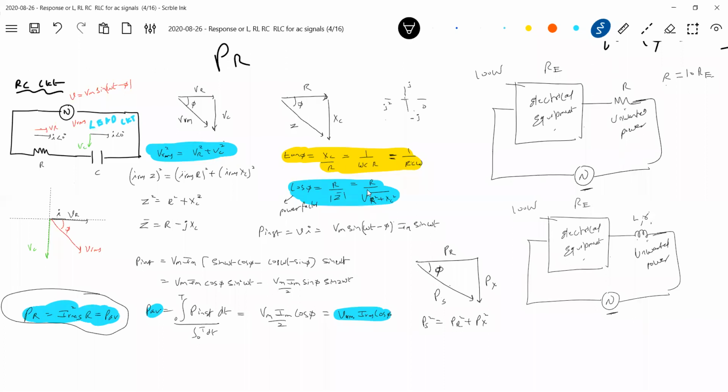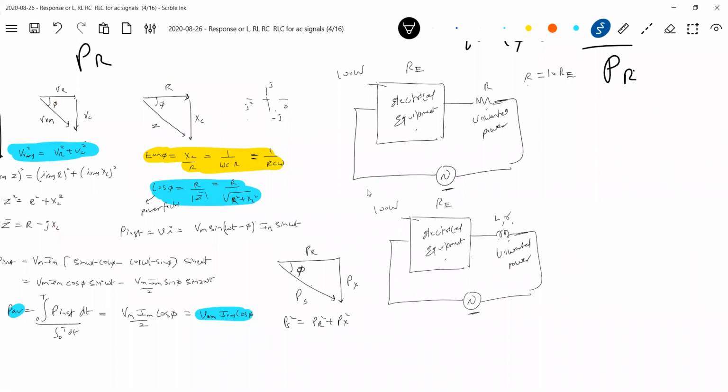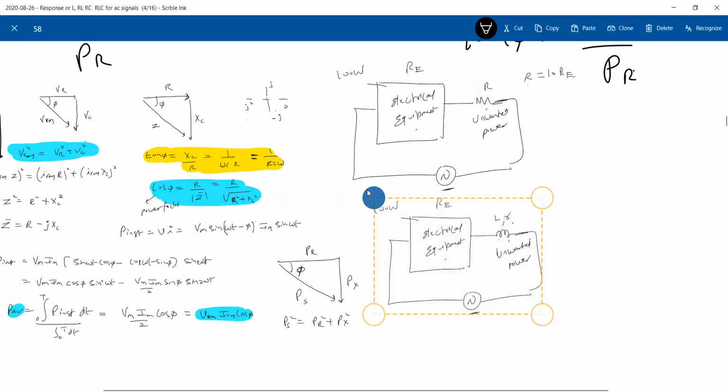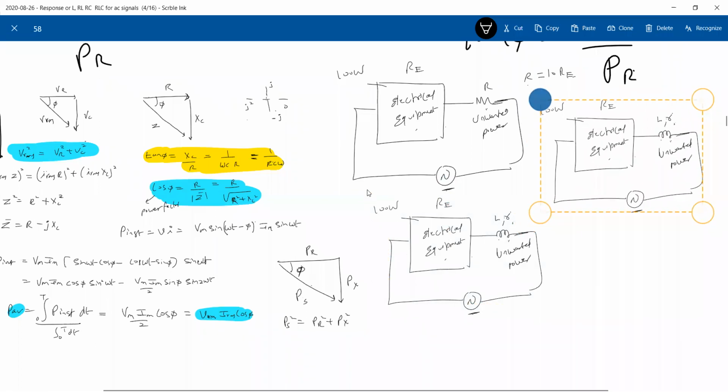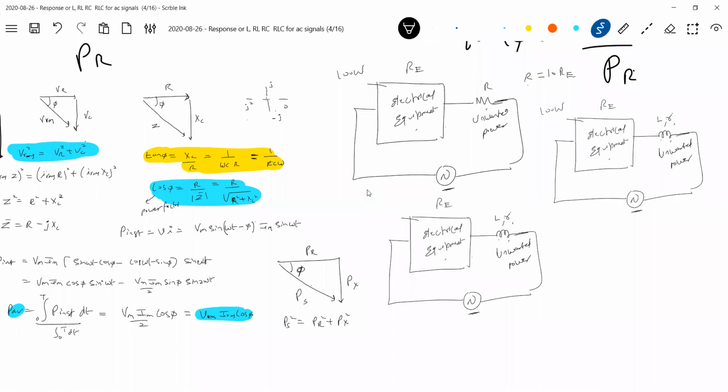Instead of this, let me go for a capacitor. In an AC circuit, even when you use a fuse wire, a problem will still arise, which I'll show now.